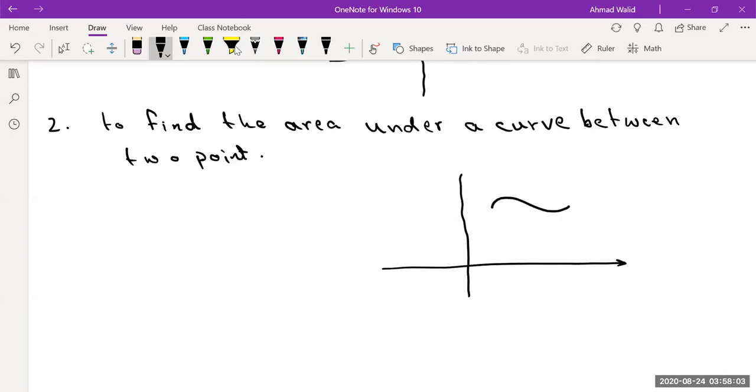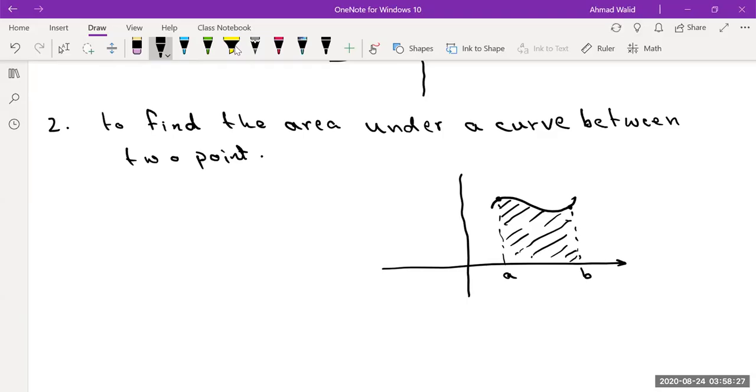For example, you have this curve and you select 2 points on the curve, point A and point B. The second goal of calculus, or calculus gives you the power to calculate this area under the curve. How much is this area?